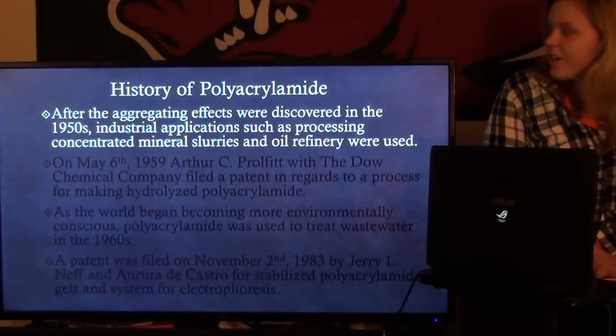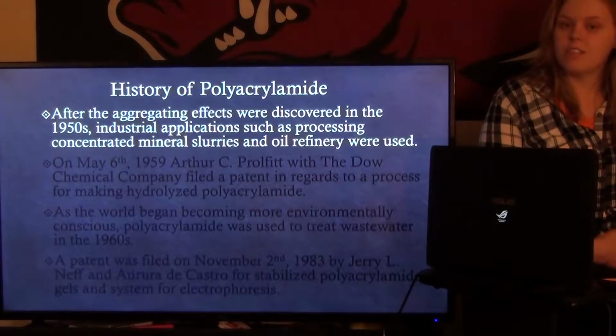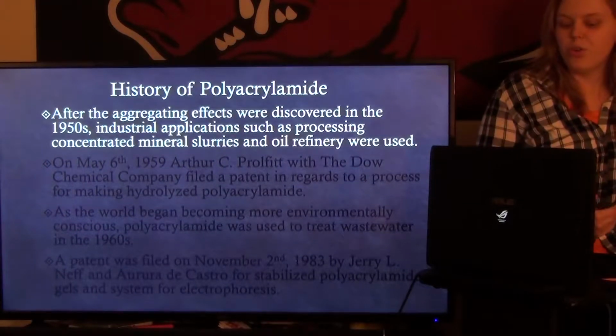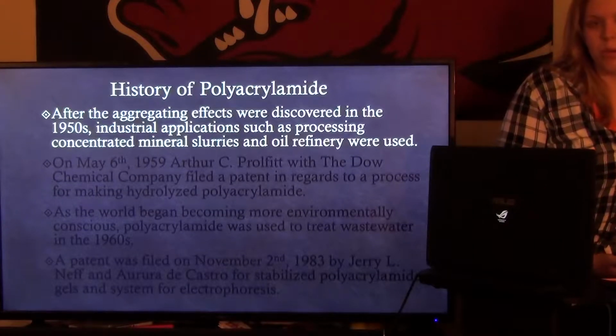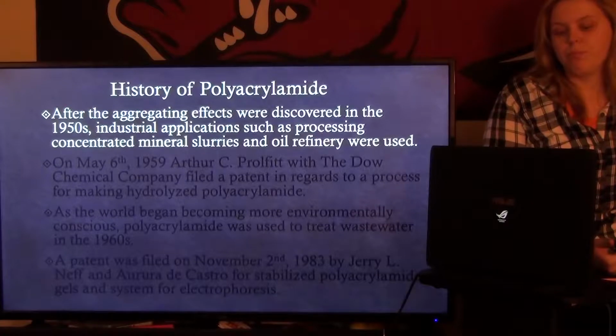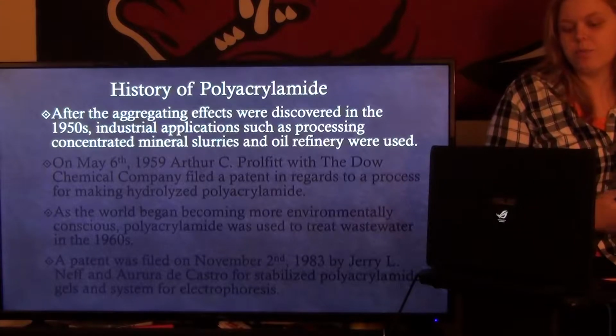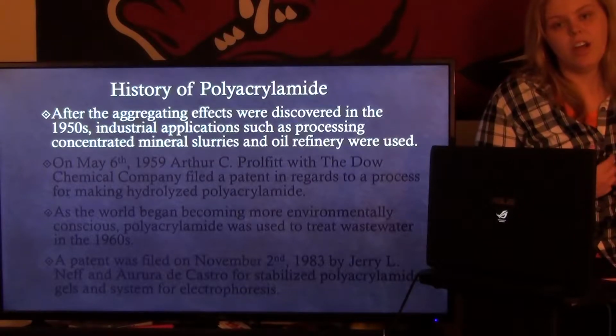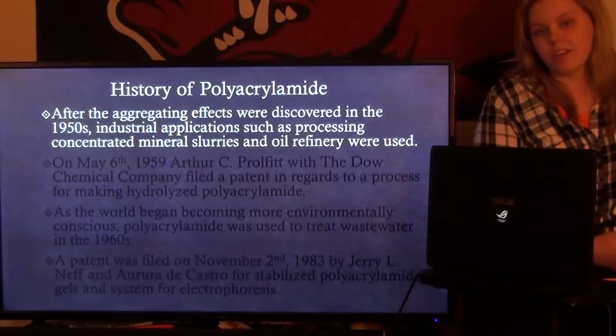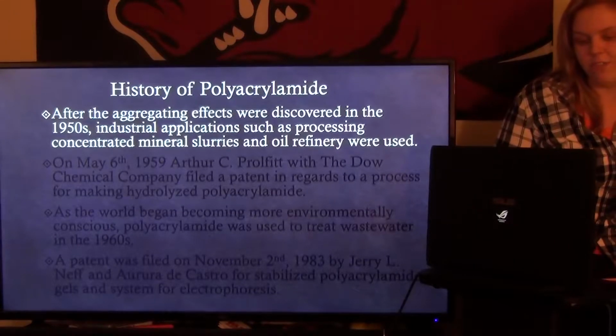After the aggregating effects were discovered in the 1950s, that was pretty cool. That was very good for industrial applications of this polymer for processing concentrated mineral slurries and refining oil, which was a big deal. It still is, but especially back then in the 1950s.